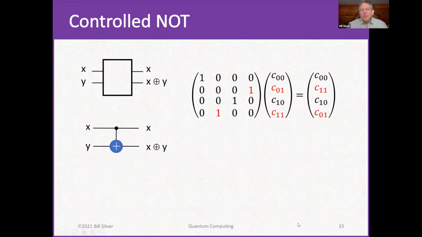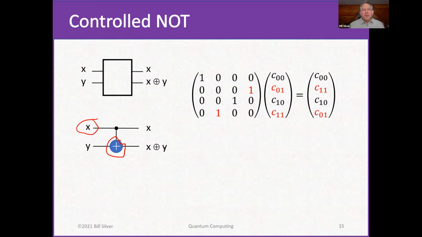Another extremely important gate that we're going to look at is called the controlled NOT gate. It's kind of like a NOT gate, but there's a control qubit. You can see the symbol here for a NOT gate. The idea here is that if the control input is logical 0, in other words, the 0 basis state, then nothing happens, because 0 exclusive OR y is just y.